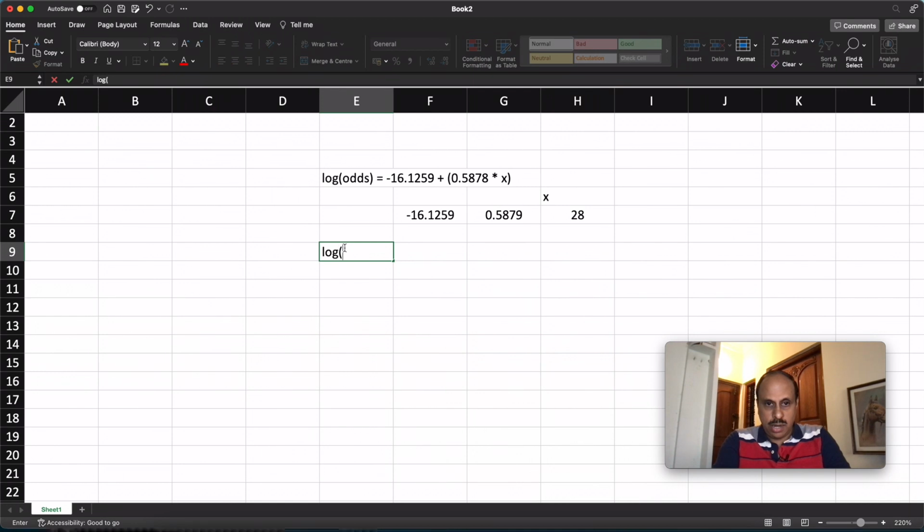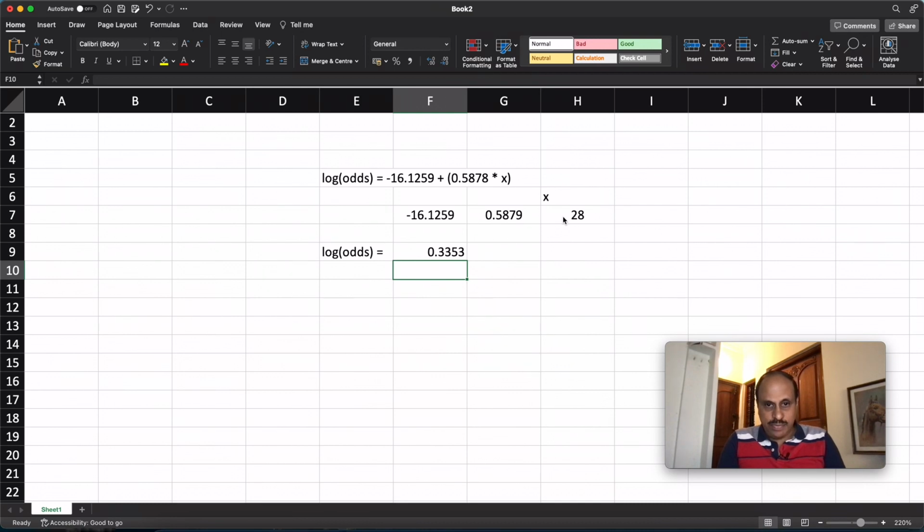Log odds is equal to minus 16.1259 plus 0.5878 multiplied by 28. So this is what you will get, 0.3353. Let us keep it at full 4 decimal places.